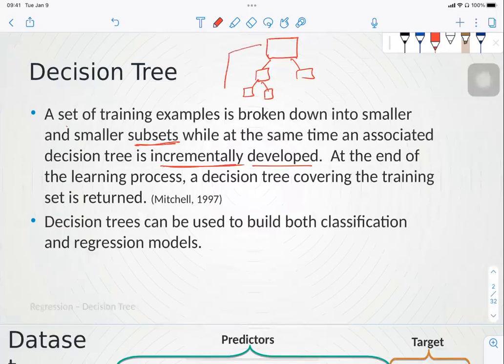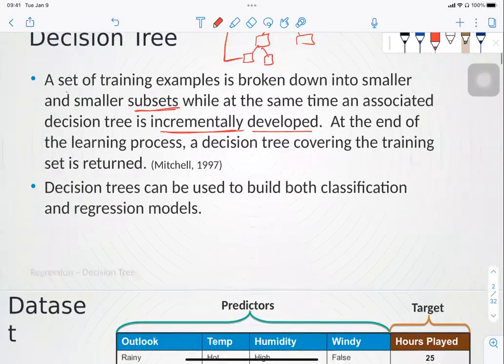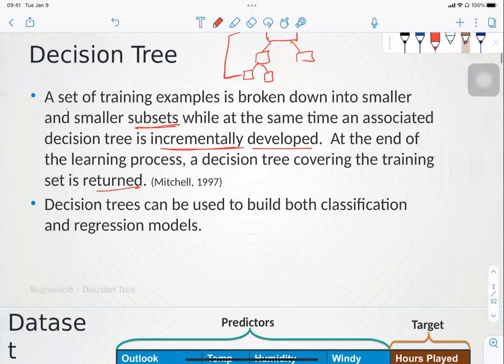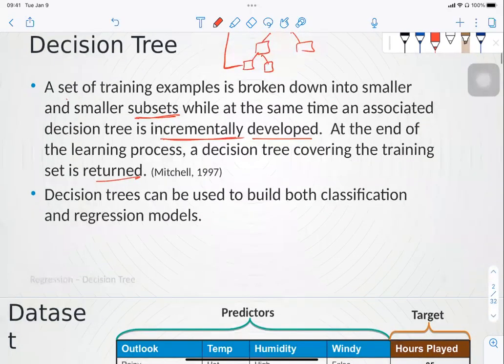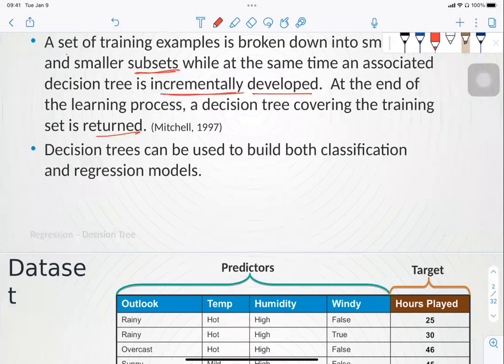This is how it grows incrementally as we go on dividing it into smaller subsets. At the end of this learning process, the decision tree covering the training set is returned. So the entire training set gets converted into a decision tree. Decision trees can be used to build both classification and regression models.